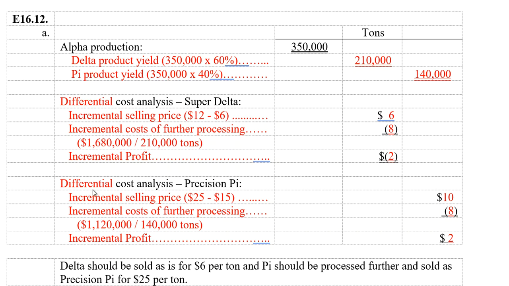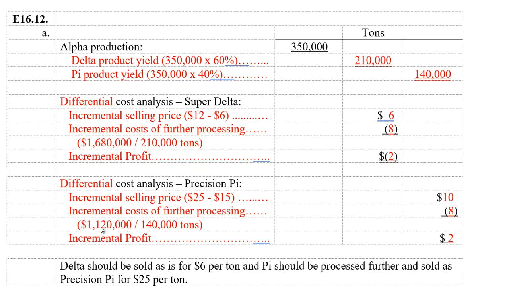And we go down here, the same thing, a differential cost analysis for precision pi. What if we took this pi product and processed it further? Well, look, we can get $10 more, not $6 more, but $10 more if we process pi into precision pi. So we got that $10, and you'll see here divided by 140 tons.